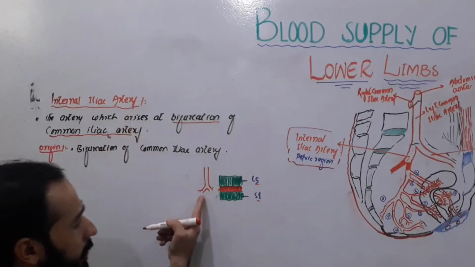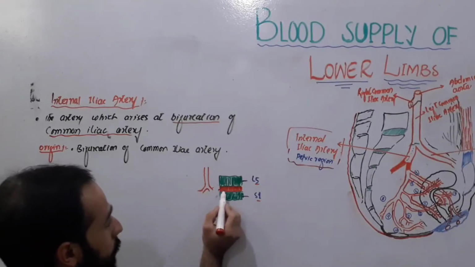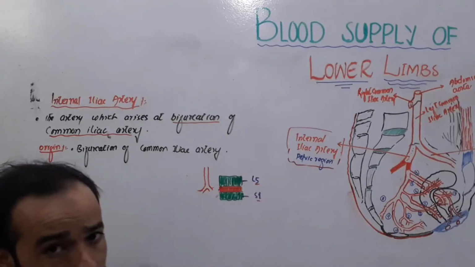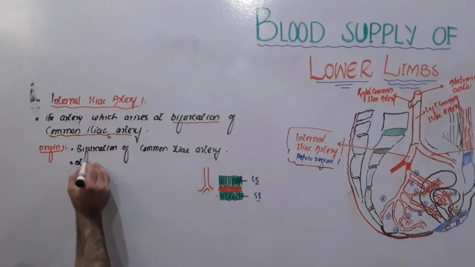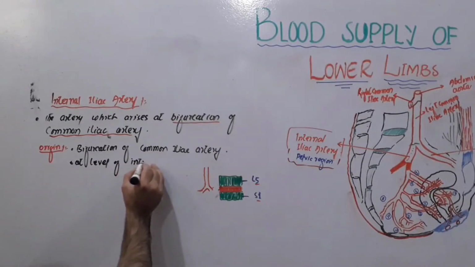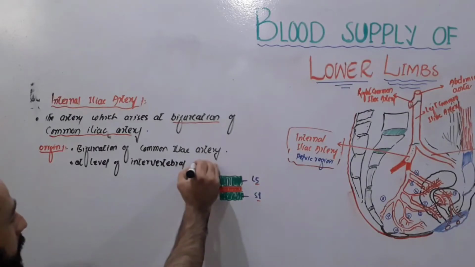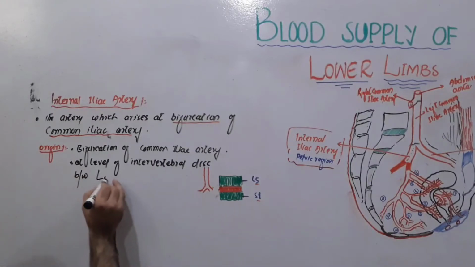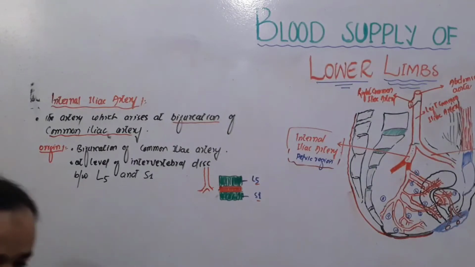So the bifurcation of the common iliac artery is at the level of the intervertebral disc between L5 and S1. I hope it's clear.